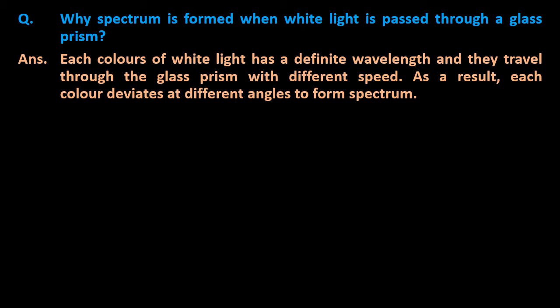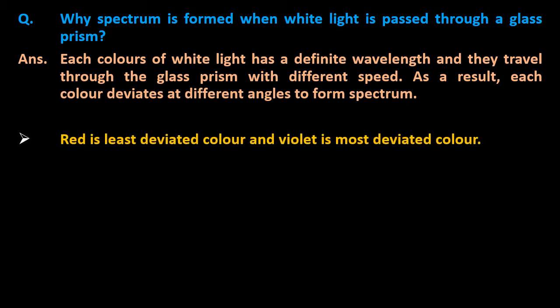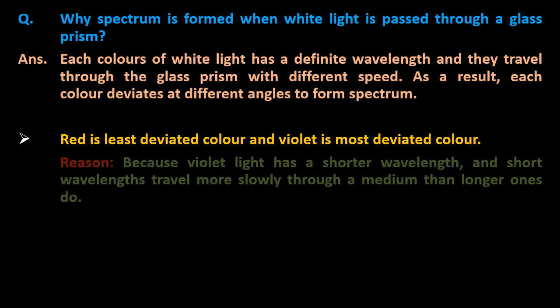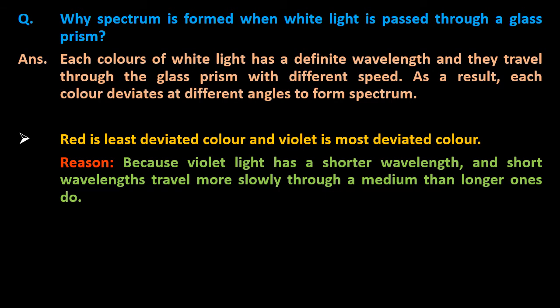And the second thing that we have noticed in dispersion is red is the least deviated color and violet is the most deviated color. So red color is on the top in the spectrum and violet color is at the bottom. So what is the reason behind it? The reason is the violet color has the shortest wavelength.